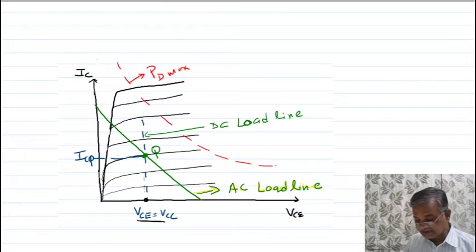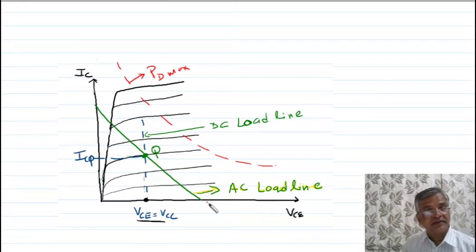Now, the tangency point of this DC load line with the PD max graph, the maximum dissipation hyperbola, decides the bias condition. In this graph, the AC load line is also shown.